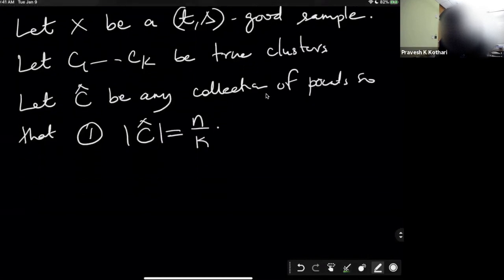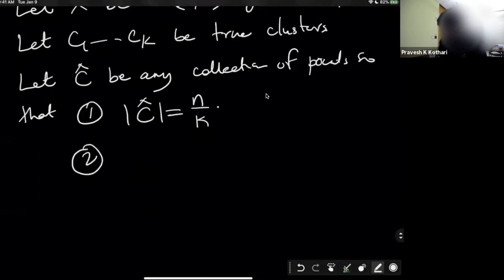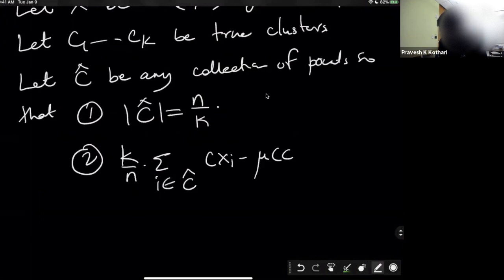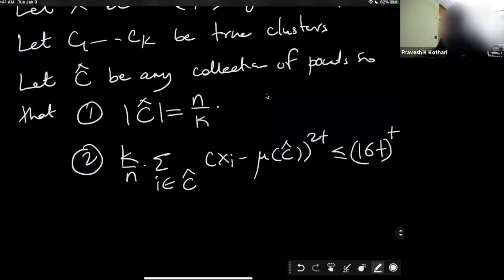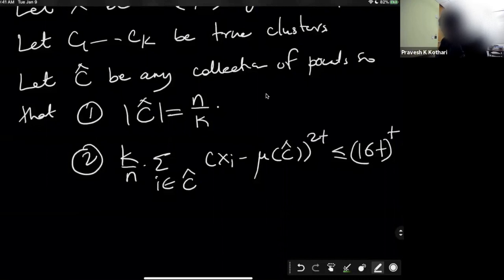So let's say C hat is of size n over k, and 2k over n times the sum over i in C hat of xi minus mu of C hat to the 2t is at most this number that we chose so that true clusters definitely satisfy these checks.